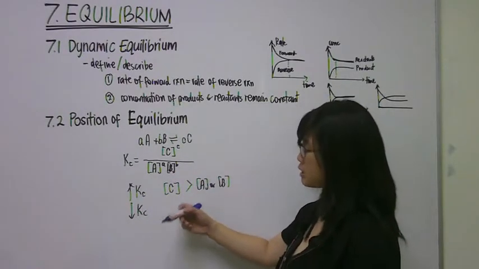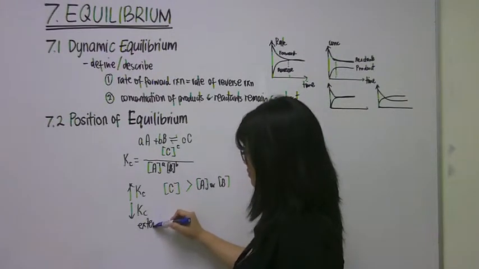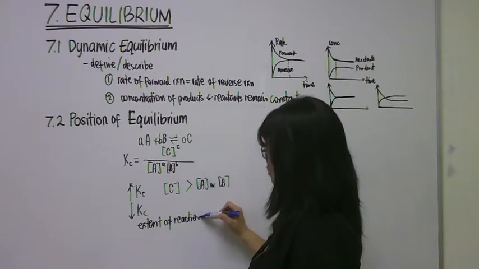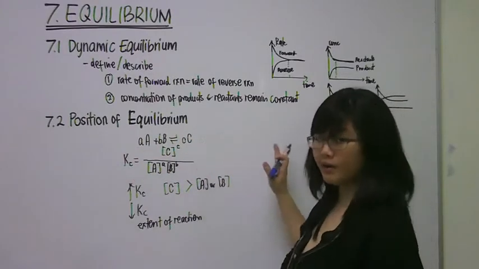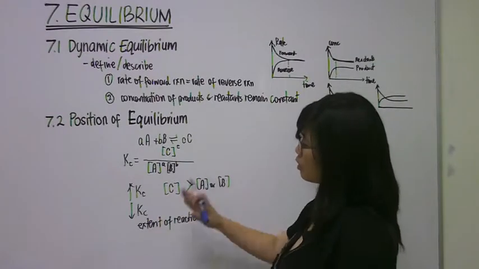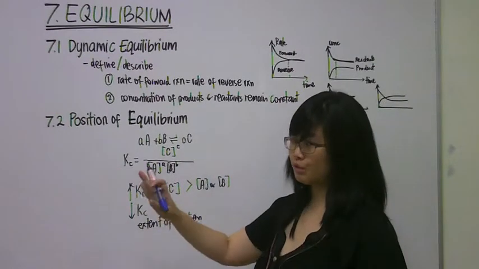So by using Kc, you can know the extent of reaction. Okay, so the higher the Kc, you will know that the reaction is favored towards the right, or towards the product, and if the Kc is small, you know that the reaction is favored more towards the reactant.